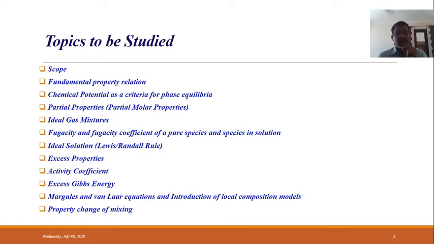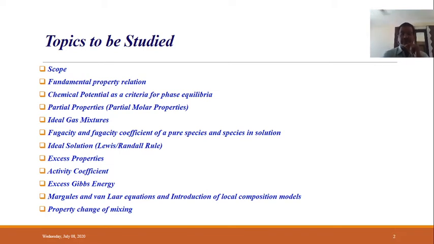So then when you are talking about activity coefficient, how will it be calculated? There are many relations put in literature. First of all, you can say Margules equation, where a linear model is considered, then Van Laar, then some local composition models.